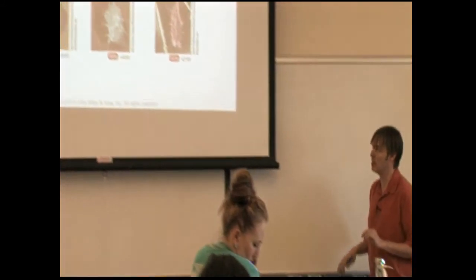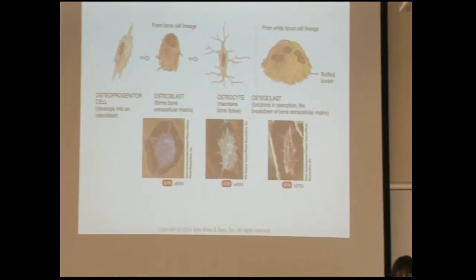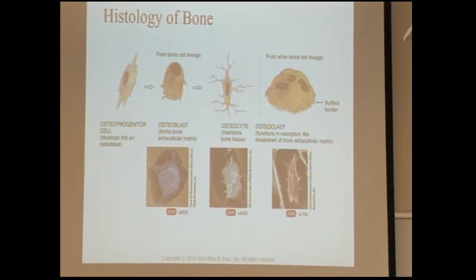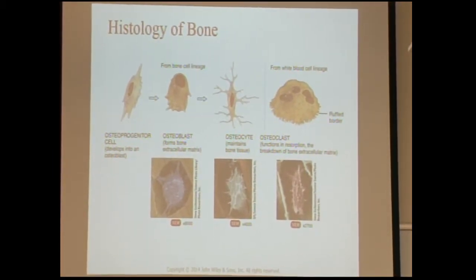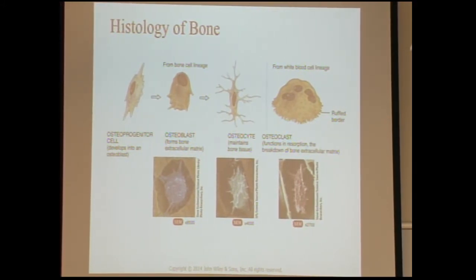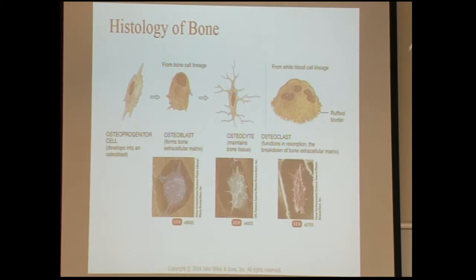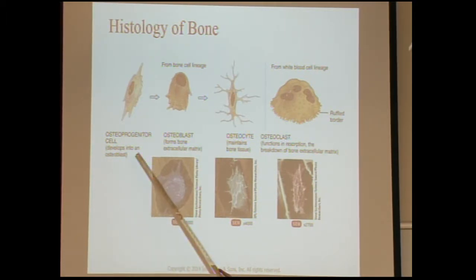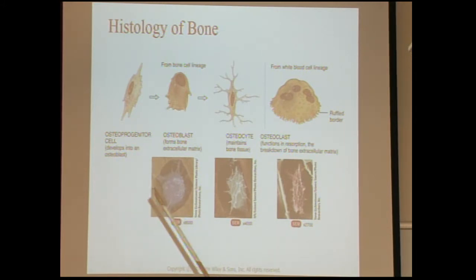So we're going to start with talking about how we make bone from the beginning. And so when you're an embryo, you start to make your first few bones. We've got some basically stem cells called osteoprogenitor cells. They turn into osteoblasts. Those osteoblasts secrete collagen, mineral salts, start making the bone.